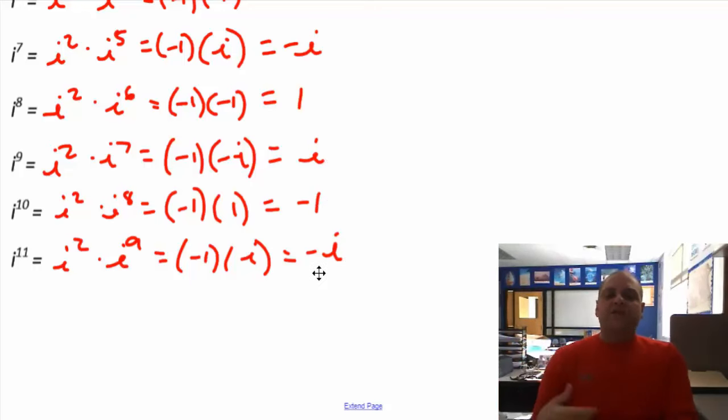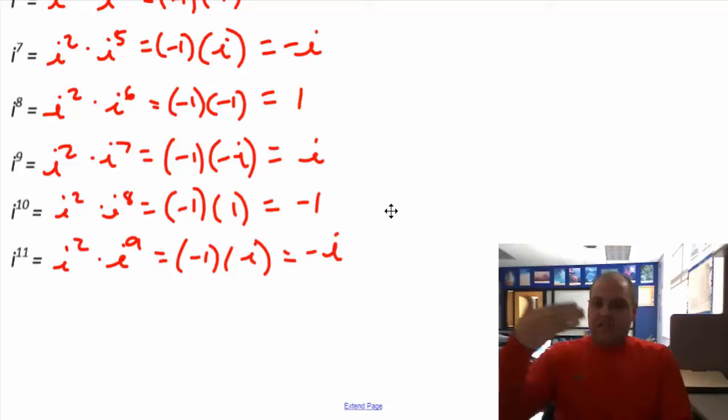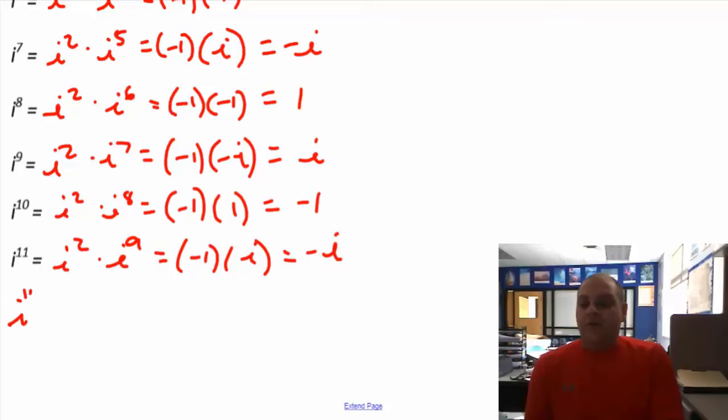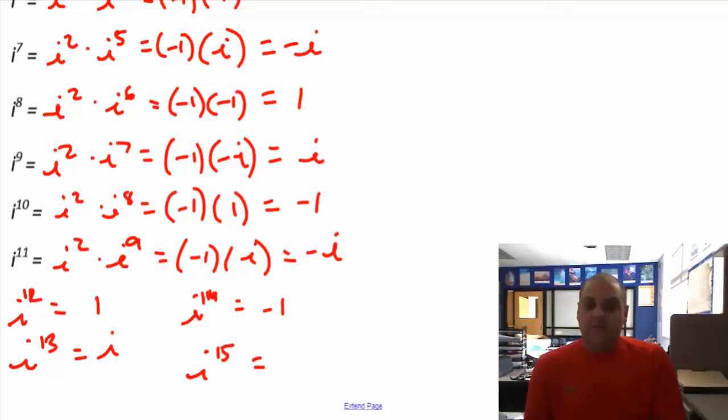It just keeps repeating because you just keep multiplying by i squared, just a repeating pattern over and over again. It repeats every 4. So i to the 12th we know is going to be 1, and then i to the 13th is going to be i, and then i to the 14th is going to be negative 1, and then i to the 15th is going to be negative i, and so on and so forth.